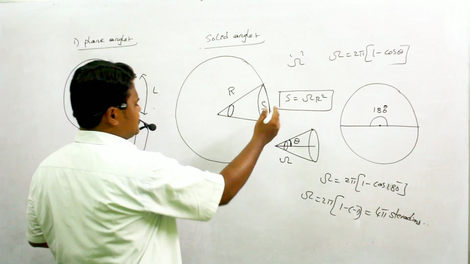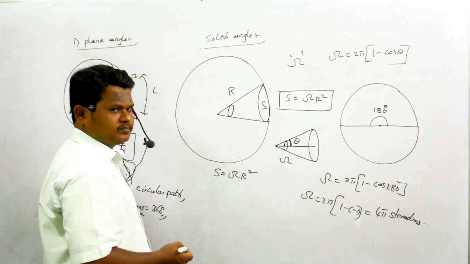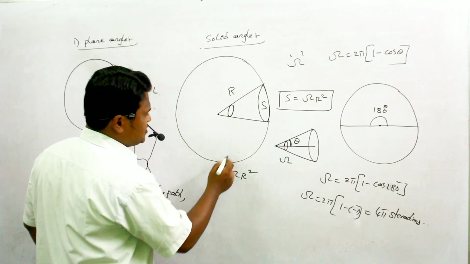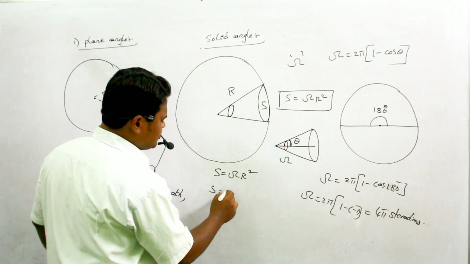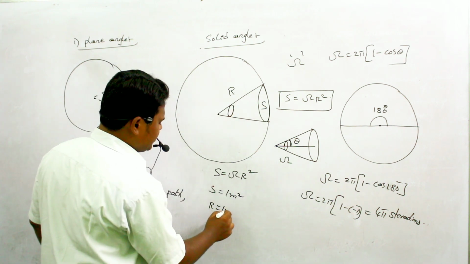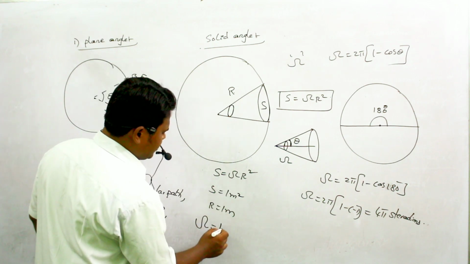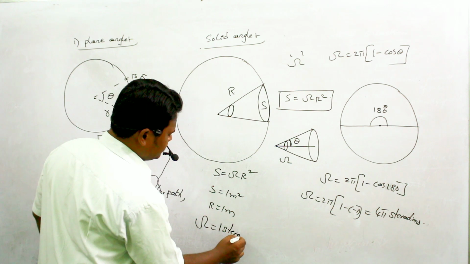This is how we can define radians and steradians. Similarly, if I take the relation S is equal to sigma r square, and the surface area cut here is 1 meter square and the radius is 1 meter, then sigma will become 1 steradian.